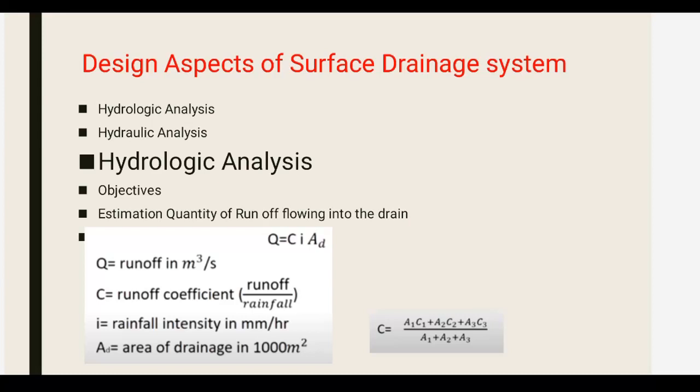The simplest equation we see is capital Q, runoff in meter cube per second, is equal to the runoff coefficient capital C, which is nothing but the ratio of runoff to rate of rainfall, into I, rainfall intensity in mm per second, into capital A small d, that is area of drainage or drainage area in 1000 meter square.